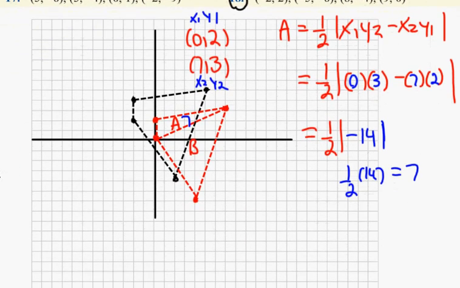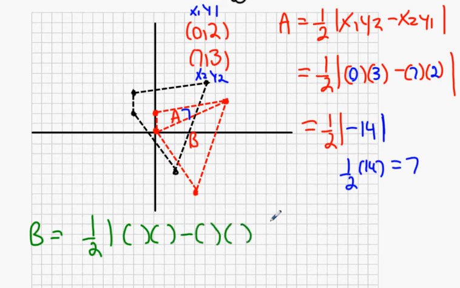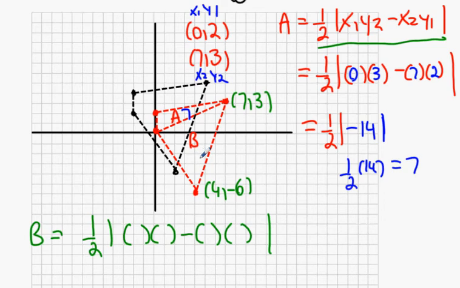So guys, here's what we're going to do next. I'm going to do area of B over here. It's going to be a half something multiplied by something minus something multiplied by something, just using the same formula as above. Now, let's get my points. It's 7, 3 again, and it's going to be 4, minus 6. Is that right? I'm looking at 4, minus 6. Okay.